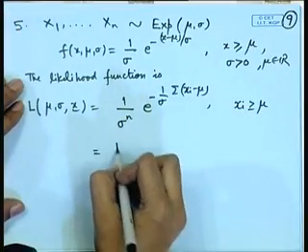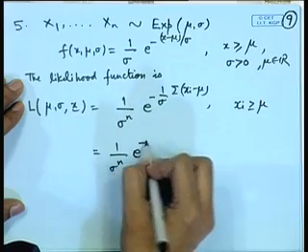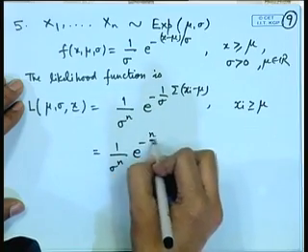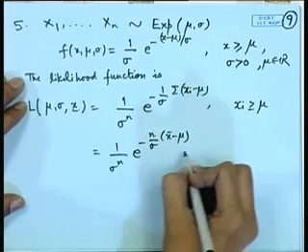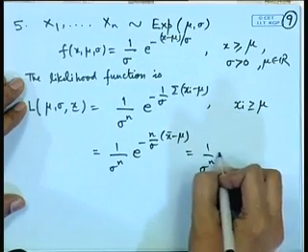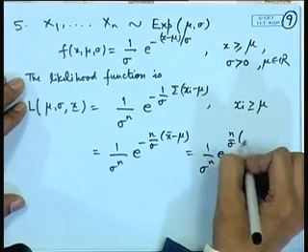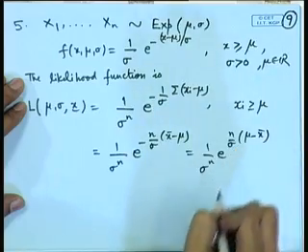which we can write as 1 by sigma to the power n e to the power minus n by sigma (x bar minus mu), or 1 by sigma to the power n e to the power n by sigma (mu minus x bar).